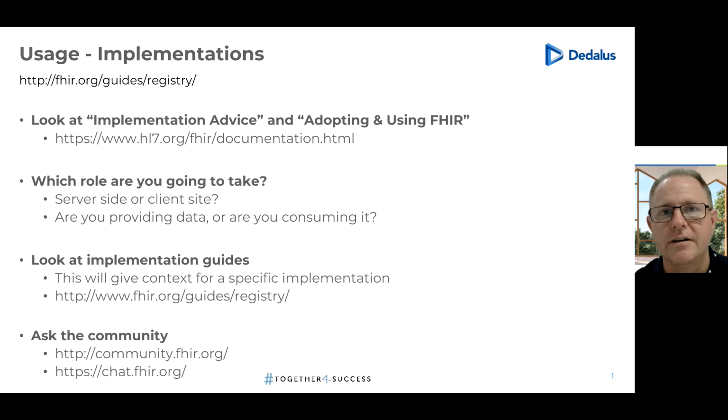It could be the Australian AU-based implementations that are used more broadly, but it can be quite specific to a particular region. The registry there is a great place to go to get links to the various implementation guides that are used, and often those implementation guides will tell you about specific organizations that are deploying those implementations.